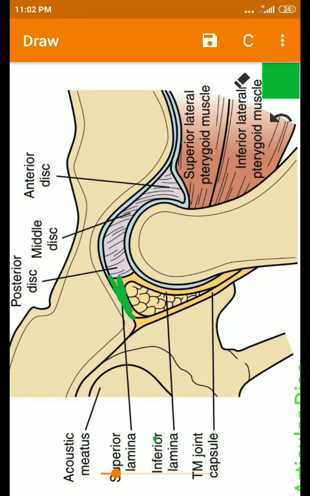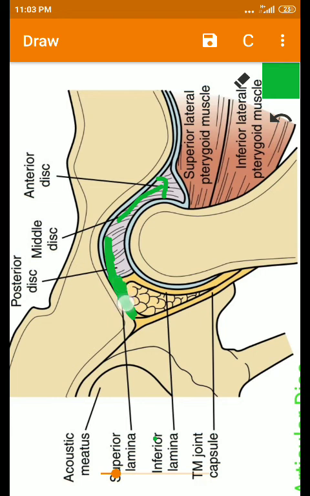Because of these elastic fibers, when the disc is moving anteriorly, it is going to stretch. This happens during opening of the mouth. So what is the function of the superior lamina?